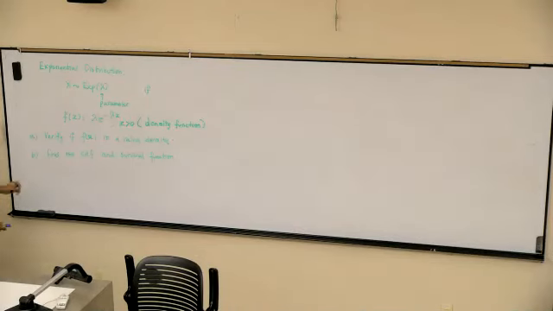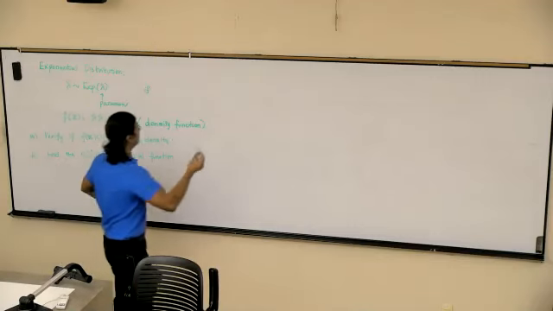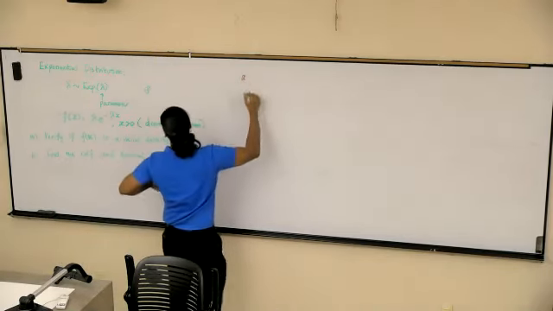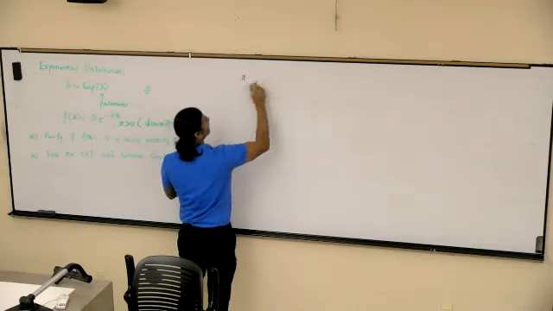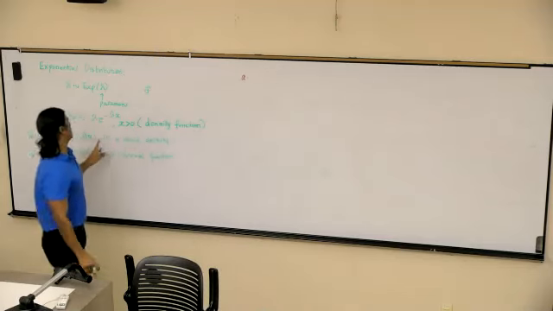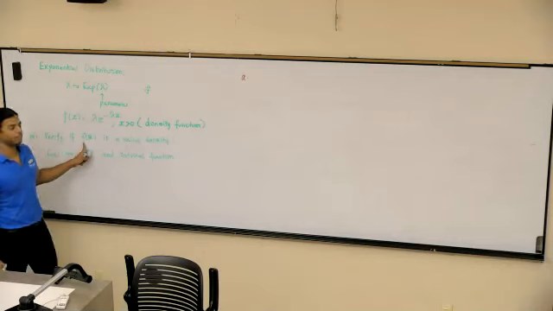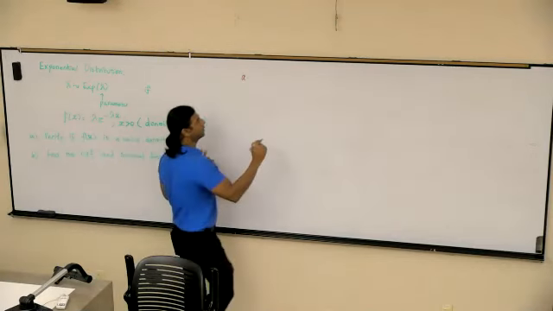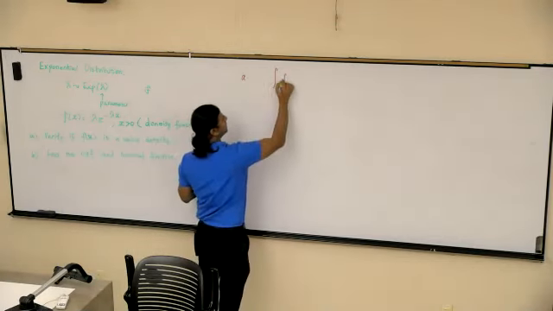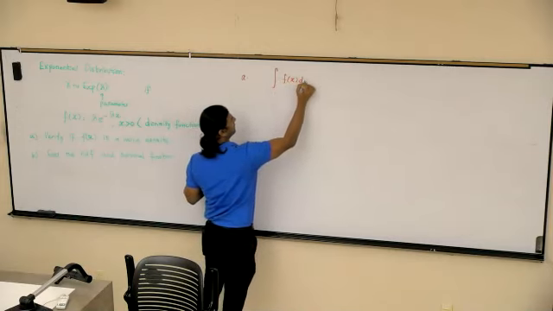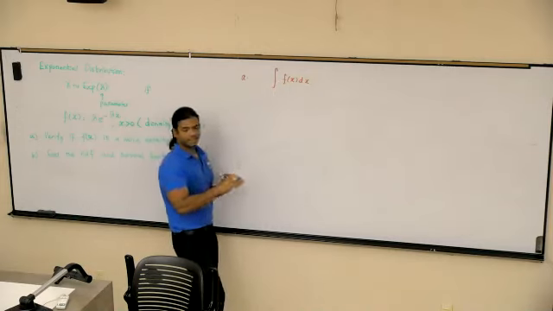Okay, I'll do integration for you this one time. So we want to verify that f of x is a valid PDF. It will be a valid PDF if I integrate the density and it must equal 1.